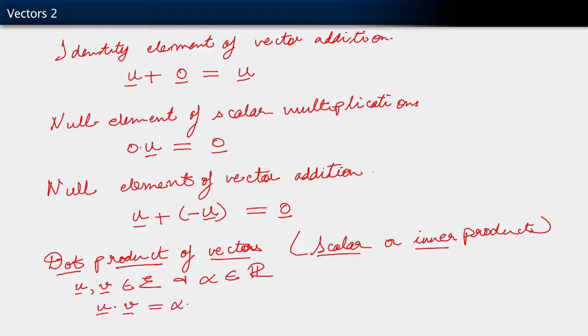So we have a product that's defined with two vectors, u and v, giving us a scalar alpha. Mathematical notation for this is often written as E cross E mapping to R. This simply means that we take one vector from the space E, take another vector from the space E, do something with them, and we end up with a scalar in R.